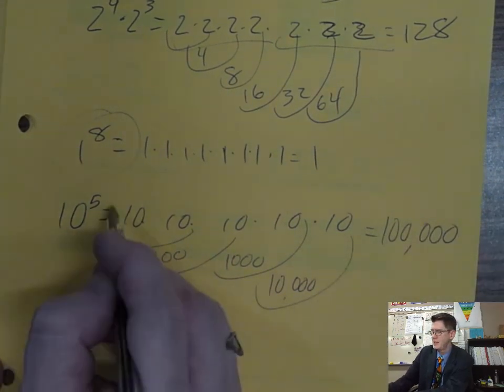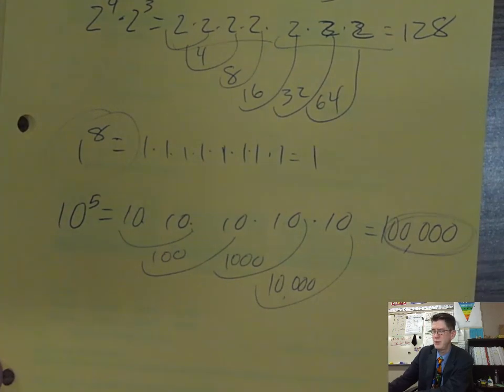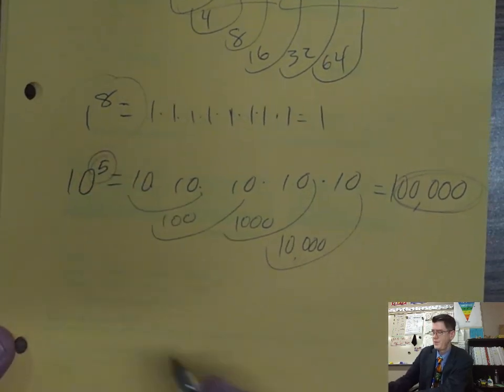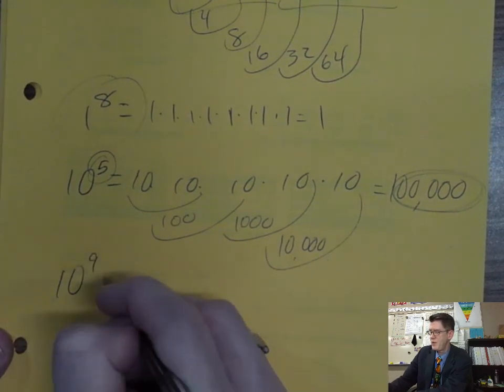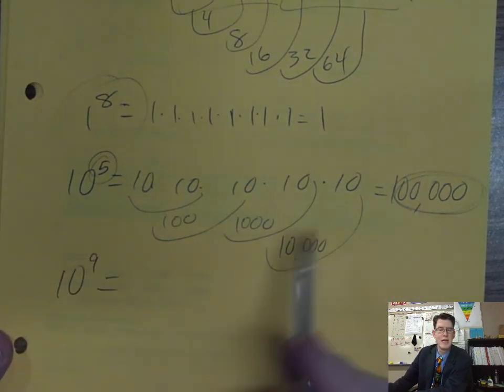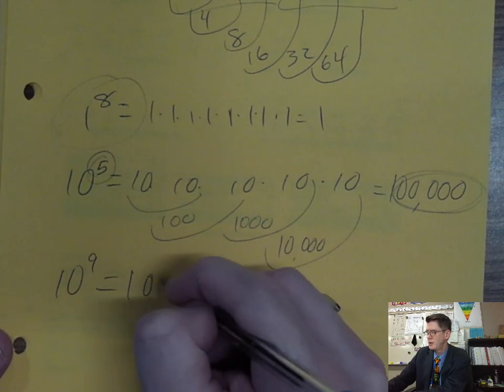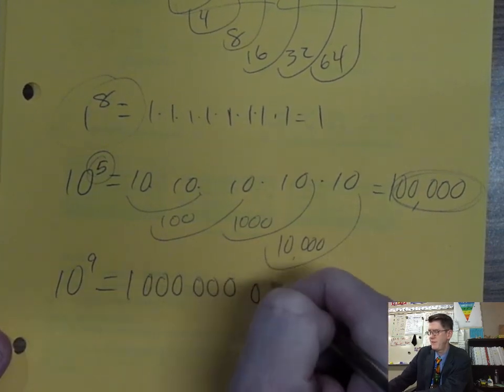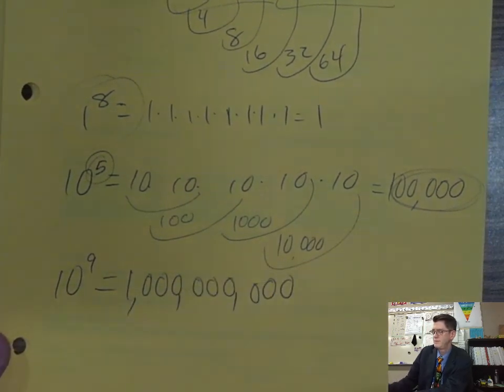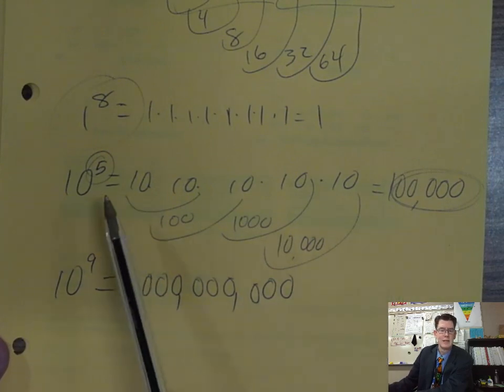The trick on tens is, see these 5 zeros? That's because it's 10 to the 5th. 10 to the 9th just has 9 zeros on it: 1, 2, 3, 4, 5, 6, 7, 8, 9. That's 1 billion.